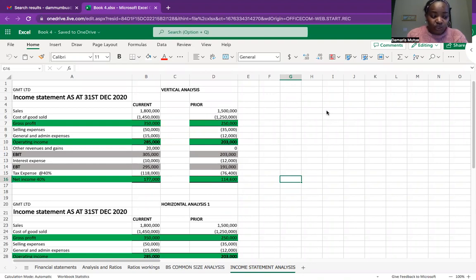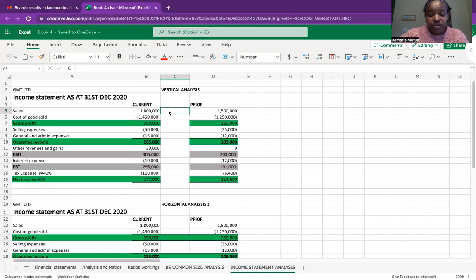How are we analyzing each item as a percentage of the sales? So our sales is going to be the base, and this is vertical analysis, where we are analyzing from top to bottom, where the sales is our base.